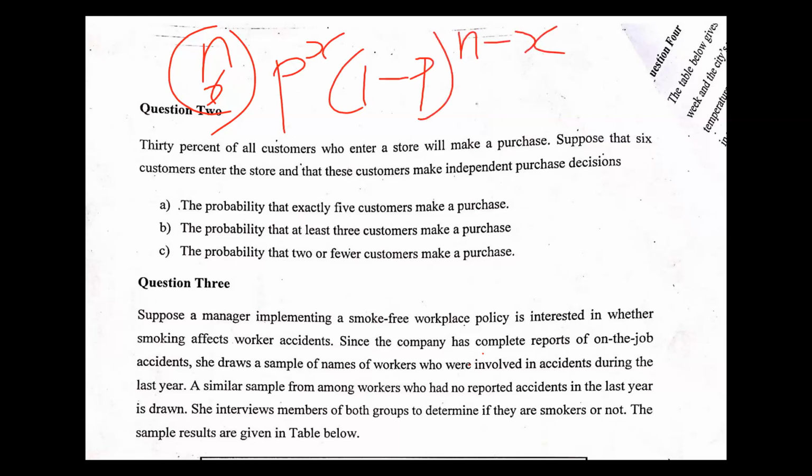We need to identify which one is our n, the number of independent trials given, and P is the probability of succeeding in each independent trial. Then X is the number of successes in the given number of trials.